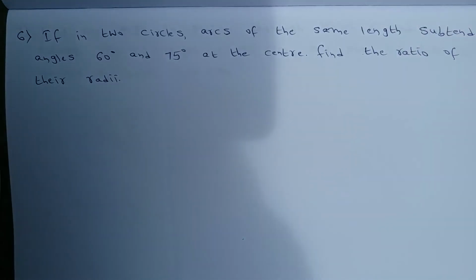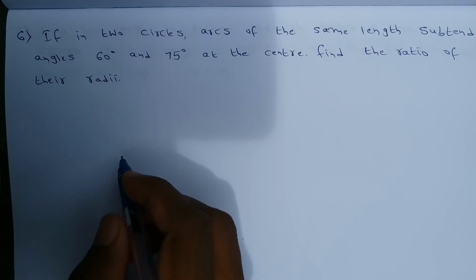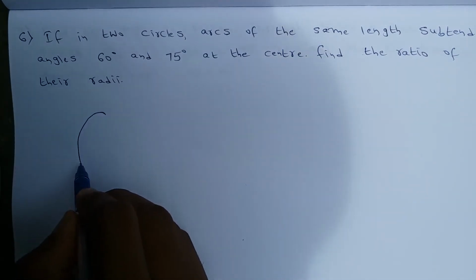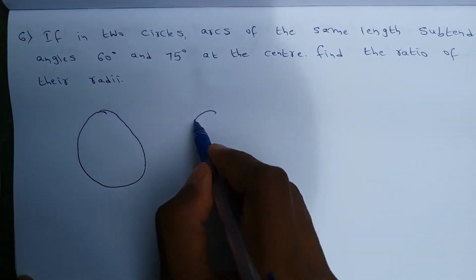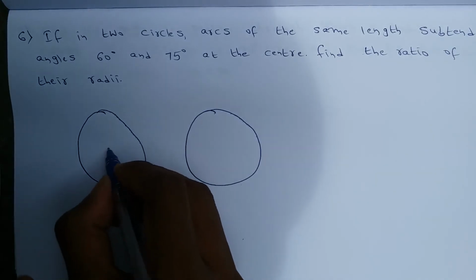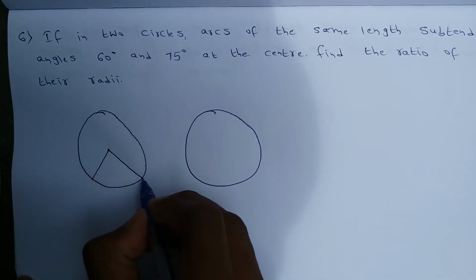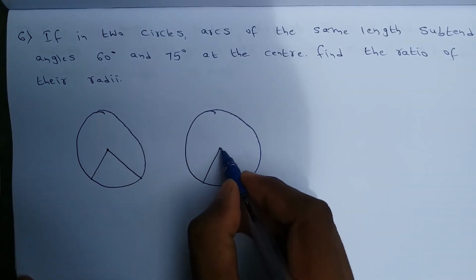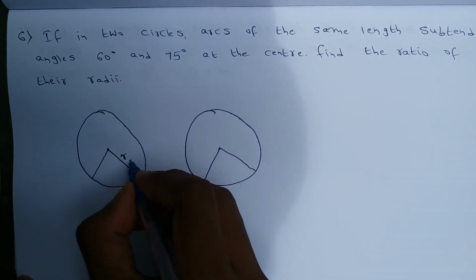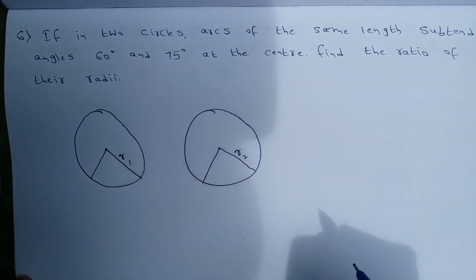Okay, let's move to the next question. If in two circles arcs of the same length subtend angles 60 degrees and 75 degrees, find the ratio of their radii. We have two circles. In every circle I am drawing 2 radii. The first circle's radius I am taking as R1 and the second circle's radius as R2.